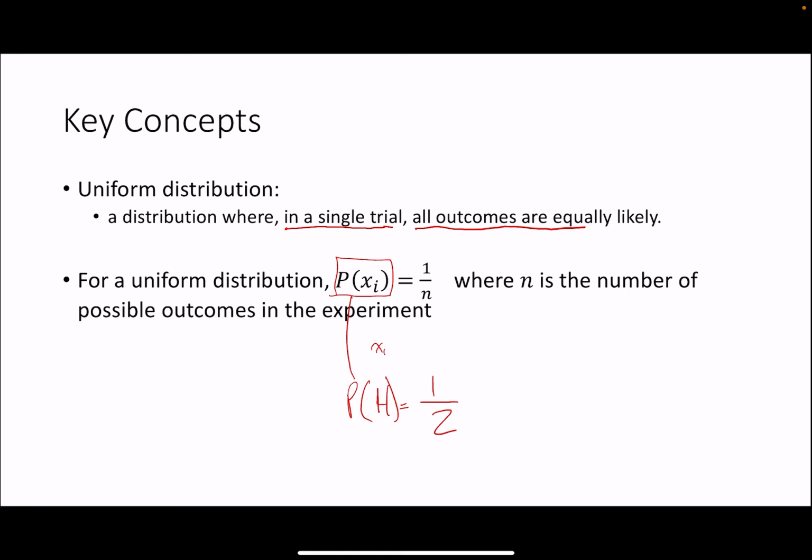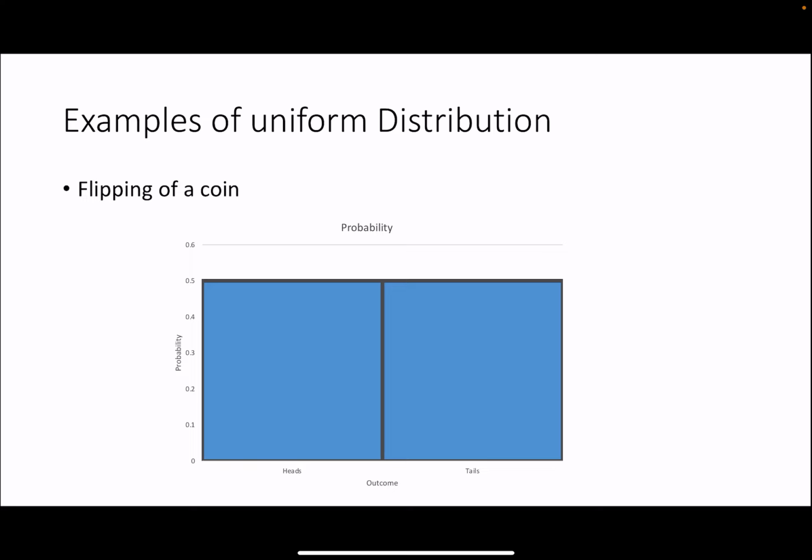That's the probability of heads, and the probability of tails, that would be x2, over here would be 1 over 2 as well, because there are n equals 2 possible outcomes. So here's how the probability distribution will look. As you can see, they're all equal. It's a flat distribution.